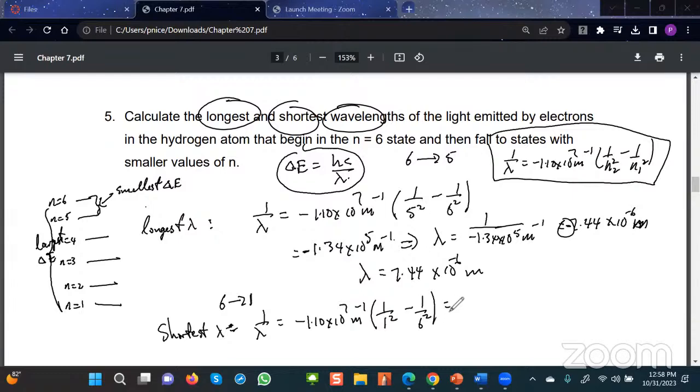And then we work that out. So that's 1 minus 36, and then I multiply that by 1.1 times 10 to the 7.